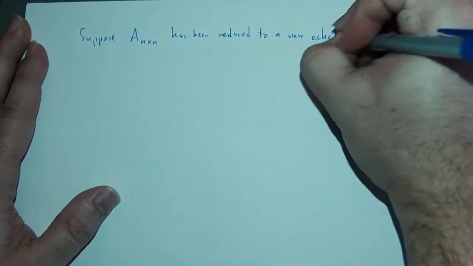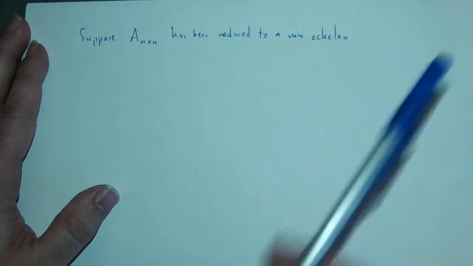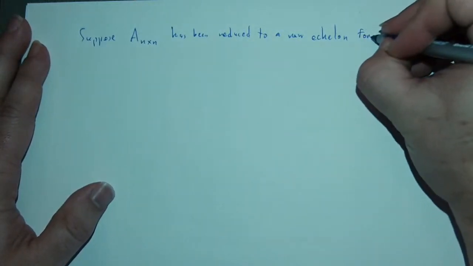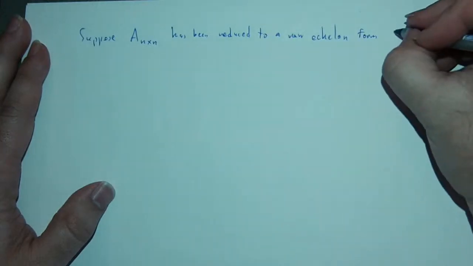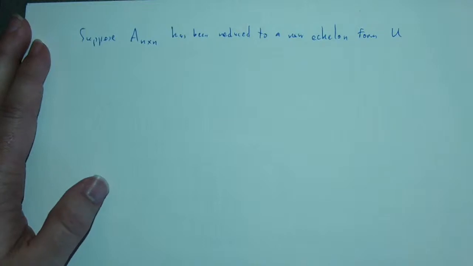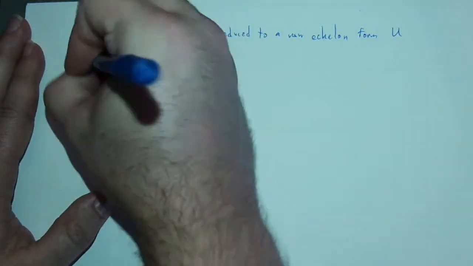We haven't put it in reduced row echelon form, just row echelon form, so it's not unique. But let's say it has been reduced to a row echelon form, we'll call U, by row replacements and row interchanges.